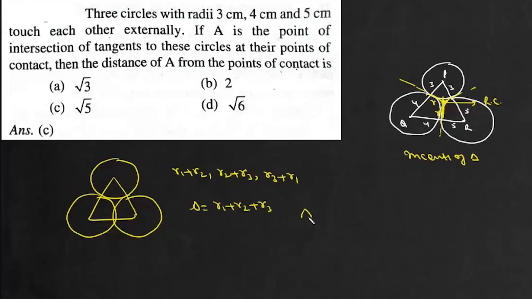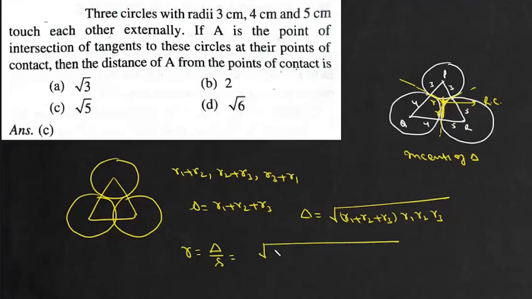Now we can find the area of this triangle, and the area of this triangle is under root of s, which is r1 plus r2 plus r3, into (s minus a)(s minus b)(s minus c). So there will be r1 into r2 into r3. Now we know that r is delta upon s. So there will be under root of (r1 plus r2 plus r3) into r1 r2 r3 upon (r1 plus r2 plus r3) whole squared.